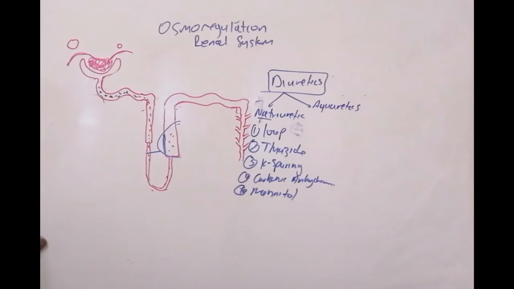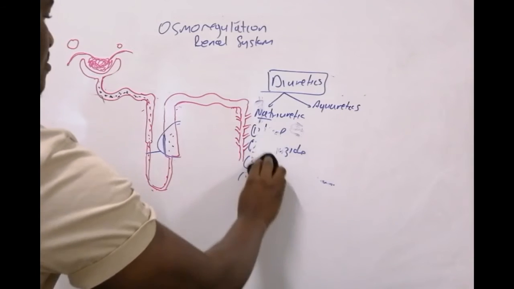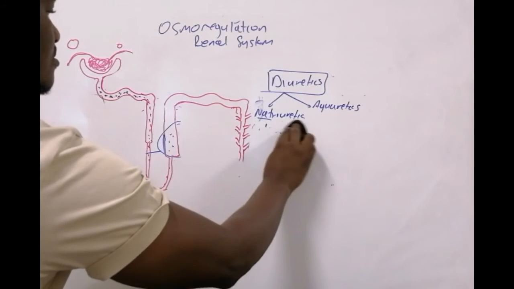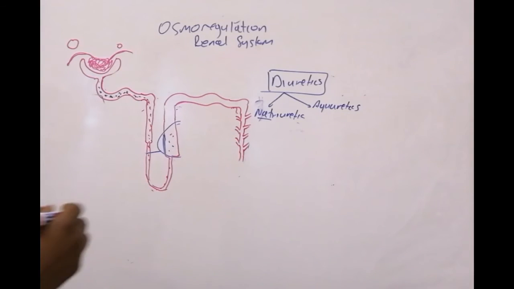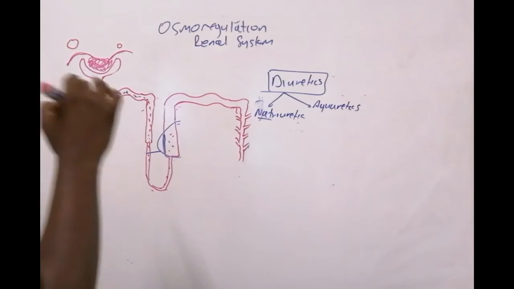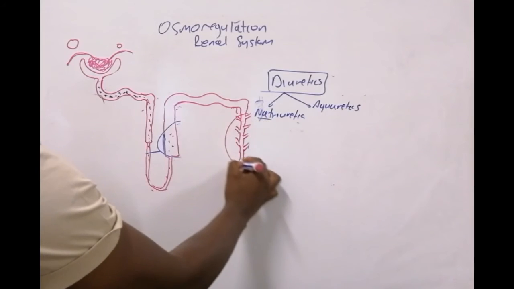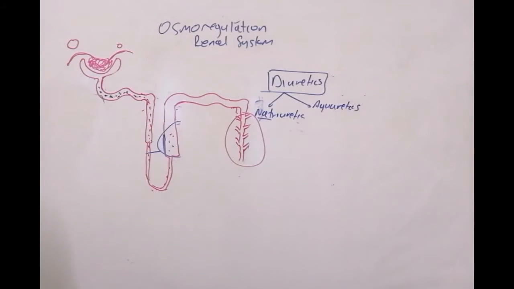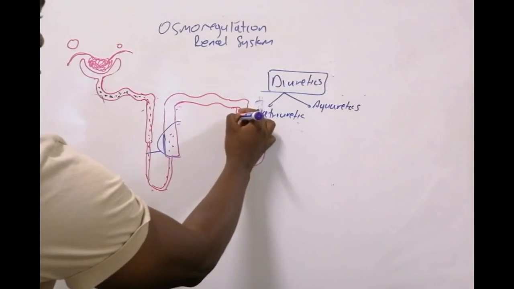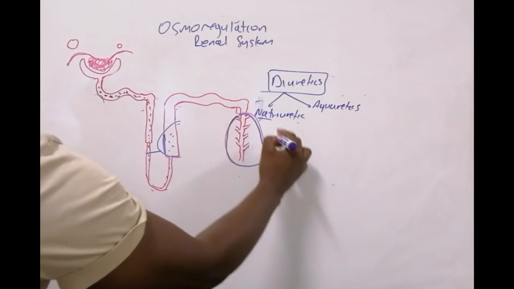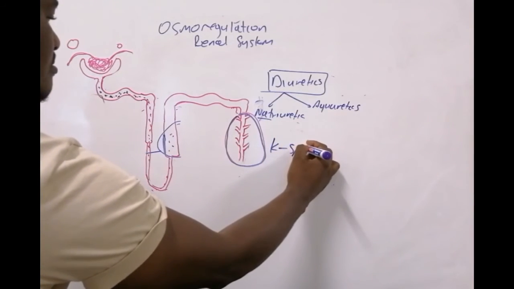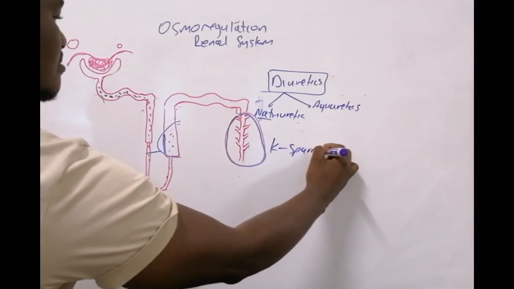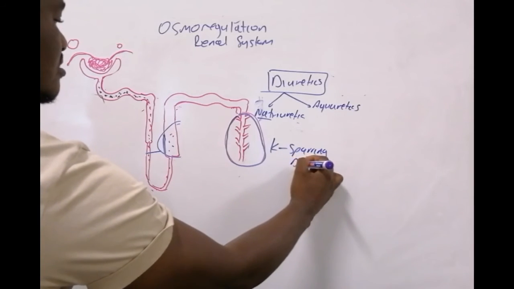Now, let me just remove this again. So, the natriuretic that works on the collecting duct is your potassium sparing diuretics.